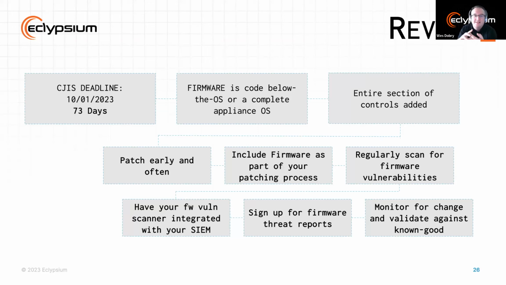So, as always, I encourage organizations to patch early and often. We need to patch quickly. We need to understand what's actually happening out there as part of our patch management processes. And we need to be regularly scanning for any vulnerabilities that are occurring within the firmware of components themselves. Lastly, is really understanding that anything you're doing related to firmware, we now also need to be understanding for firmware threats, vulnerabilities, and notifications.